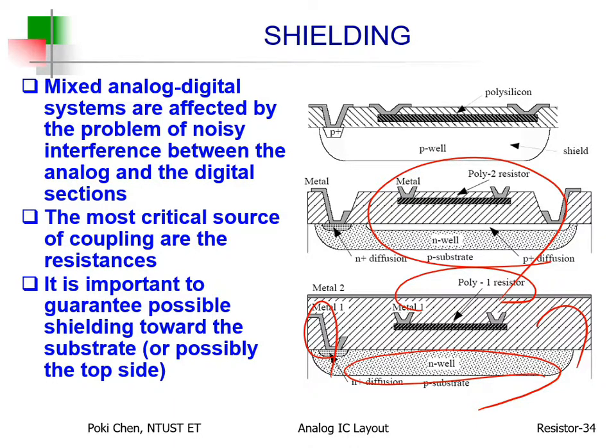Anyway, this is not impossible, but usually we don't do such kind of layout too much. To the top, usually we don't care, unless it is really noisy, just like inductor. But for inductor, it usually doesn't have the possibility because we use the top poly for inductor.